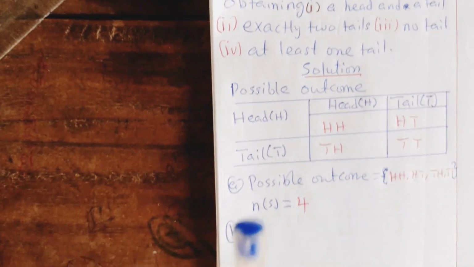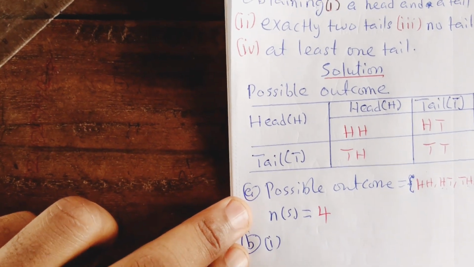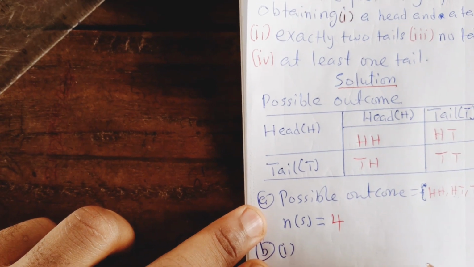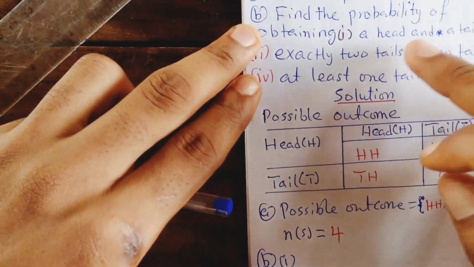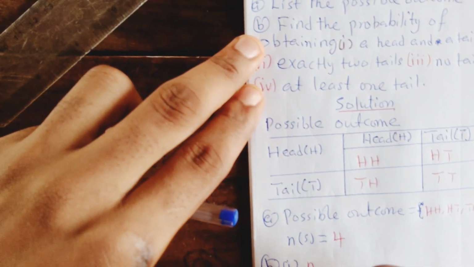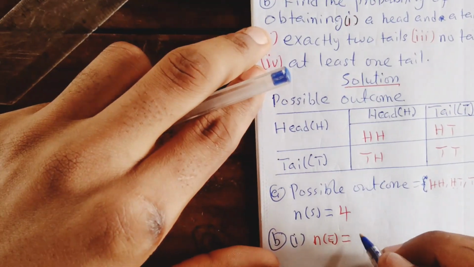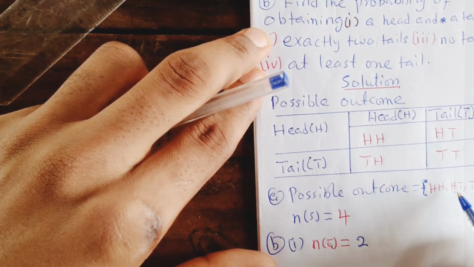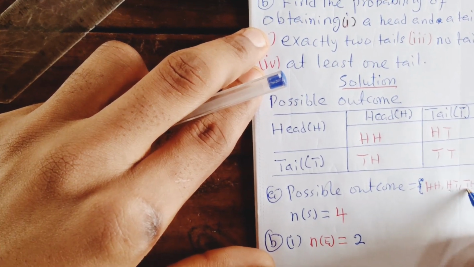So Roman number 1, you'll be getting number of events. So it means the event is now the probability of obtaining a head and a tail. So number of E is equal to 2. That is head, tail. They say a head and a tail. So you can get a head and a tail, or a tail and a head.